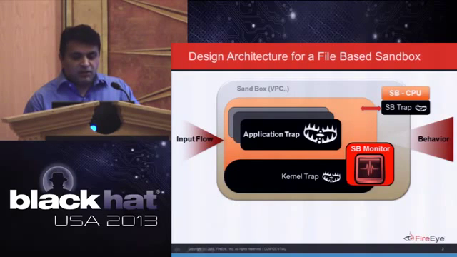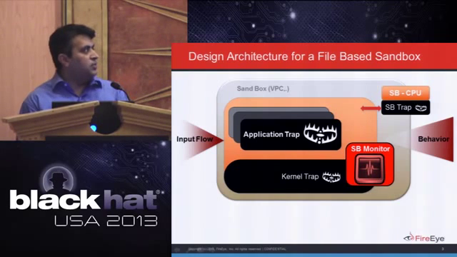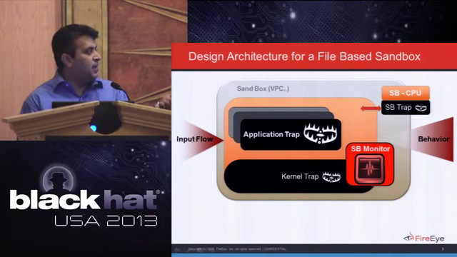A typical architecture of a file-based sandbox is as shown in the figure. It has traps at various levels: an application trap, a trap at the kernel, and a trap at the CPU. It takes the file as an input and executes it. These files make calls to different functions, and when these calls are made, they are captured by these traps.